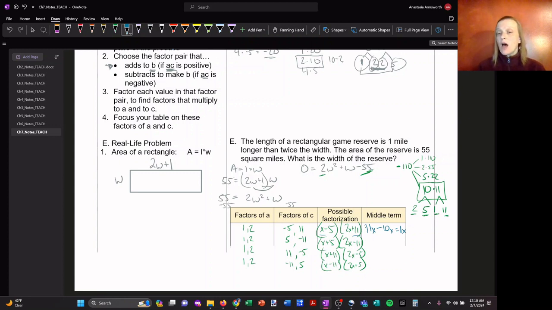I didn't change the order of the numbers. I just changed the order of where the sign was. So I don't really have to do this calculation. I can just know that it's the opposite of what I calculated for the previous one, the opposite sign. But this one checks out. So I know that this gets factored in this way: 0 equals x minus 5 times 2x plus 11.